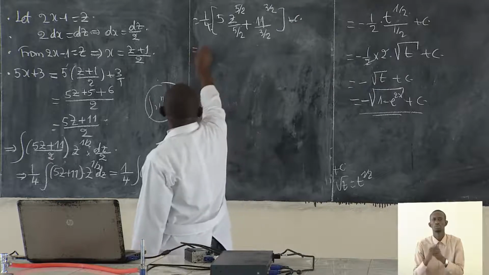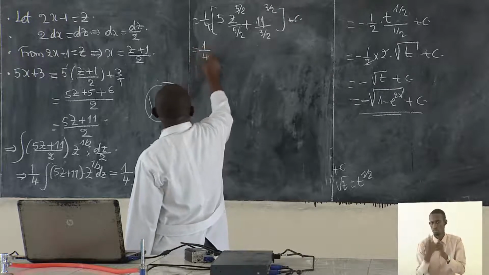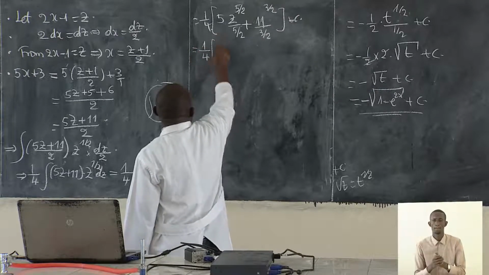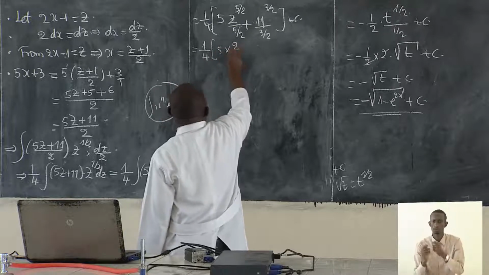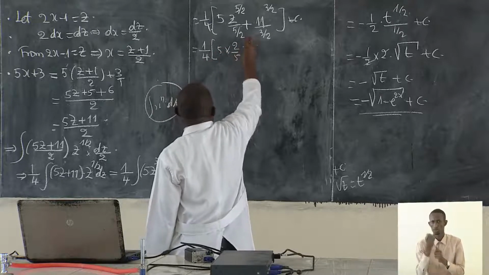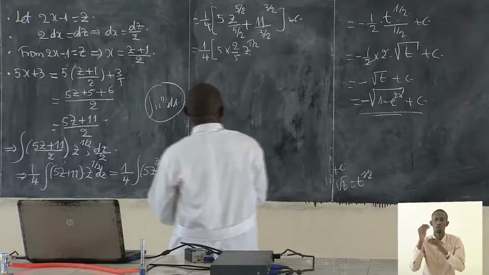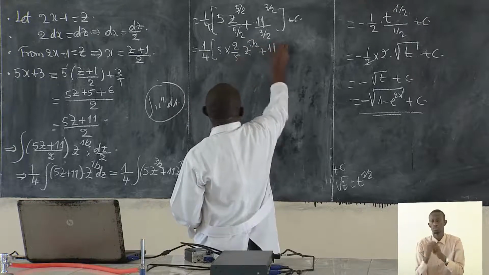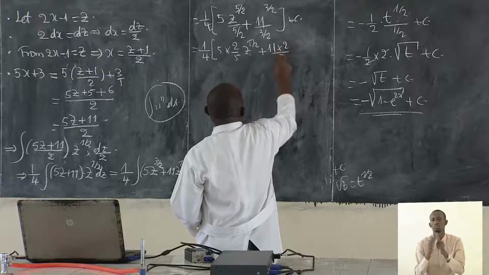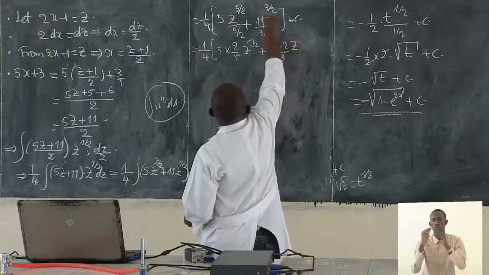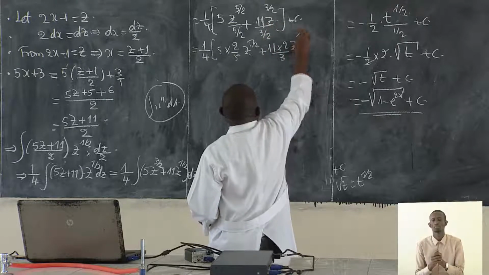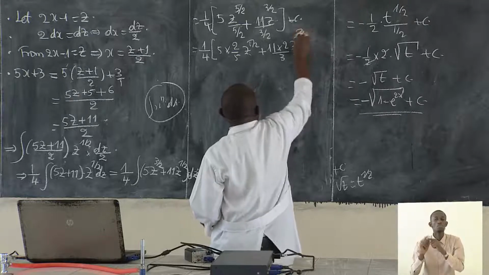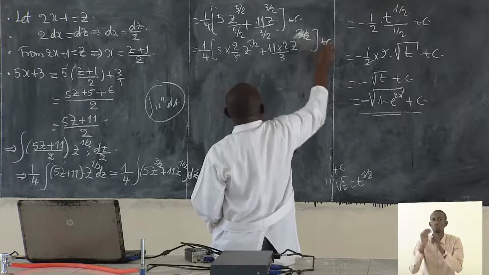Means that you have 1 divided by 4, 5 times 2 divided by 5, z power 5 divided by 2, plus 11 times 2 divided by 3, z, power, no, 3 over 2. Then plus c.